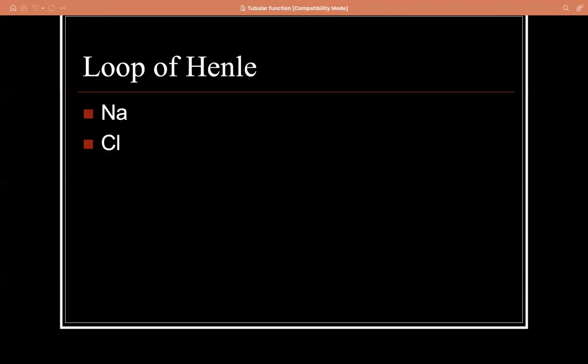So if the concentration is 300 milliosmoles at the beginning, and at the tip down there at the end it is 1,200, it means that the medullary element of the kidney at this particular time will also be very concentrated.